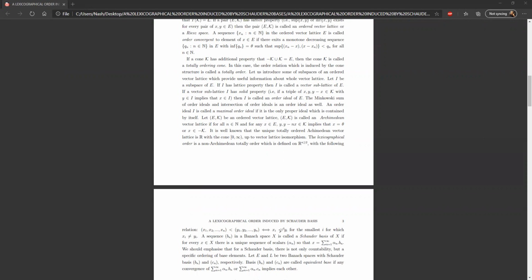We can think of this as a pointwise relationship, and of course we look at the pointwise relationship from the left, from the beginning.